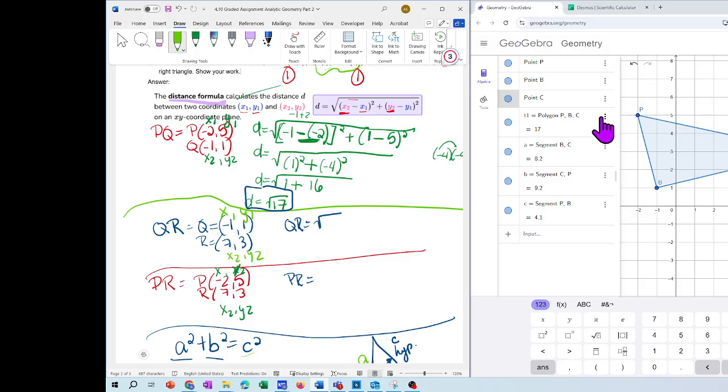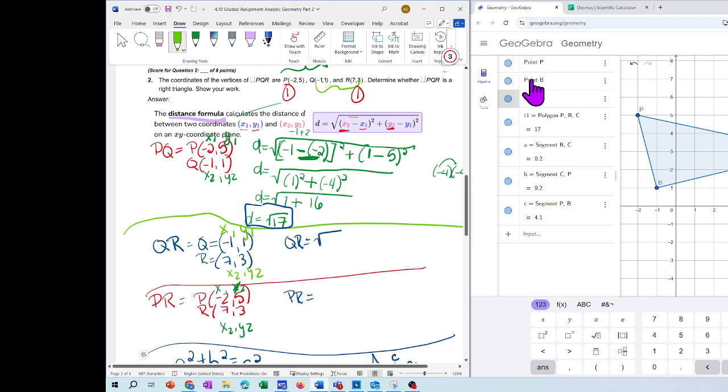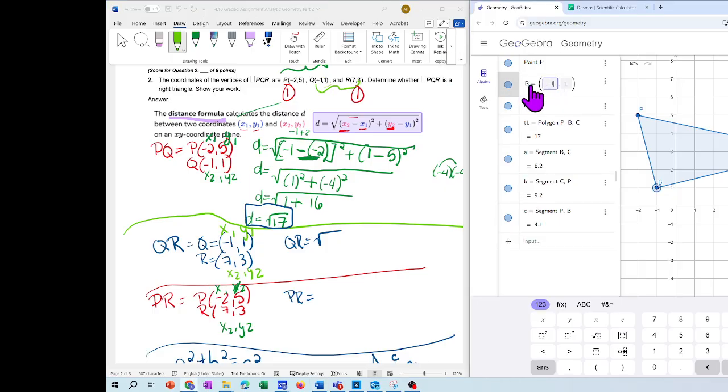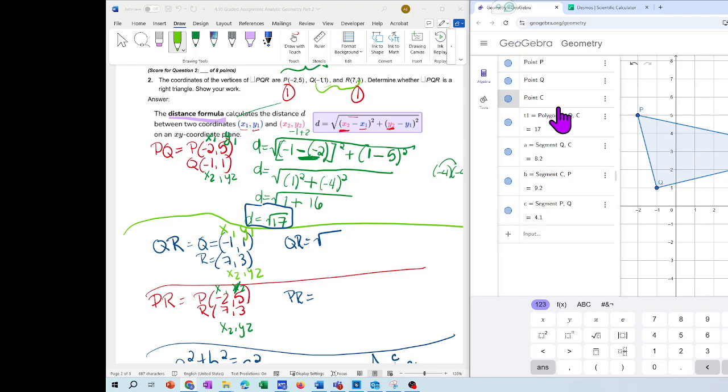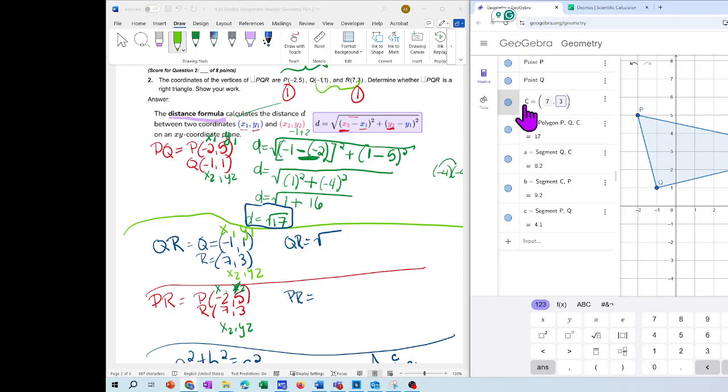So -2, this one is P. Then we have point B, which is Q. Just replace it here in algebra, Q, so you guys cannot be confused. And then R is 7, 3. Just make sure you are doing the correct one. This one is R. Okay, there you go.